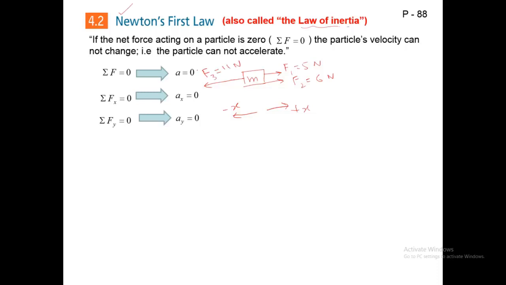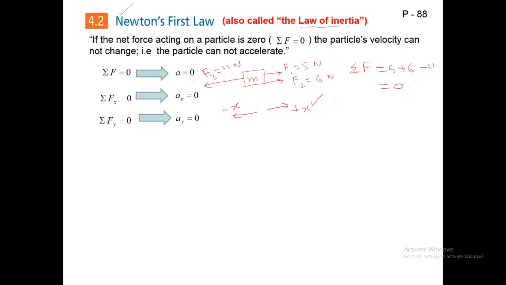Now you see, if you add the forces, 5 plus 6, these are the forces along the positive x-axis, and the negative axis force is minus 11. What is the answer? 0.